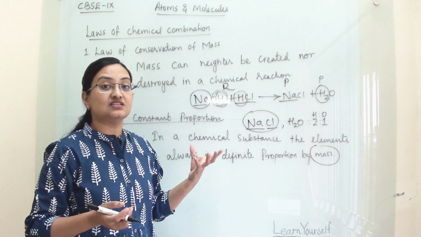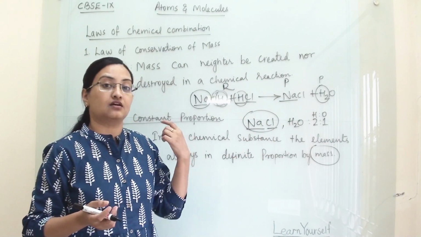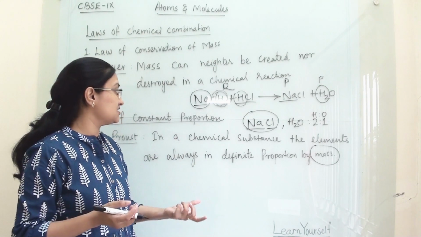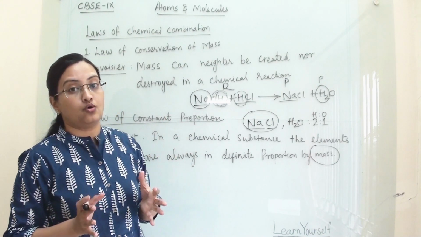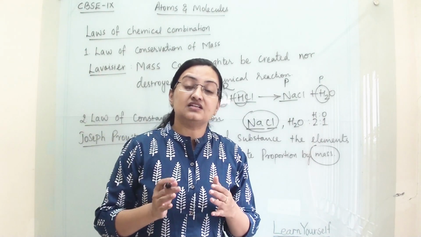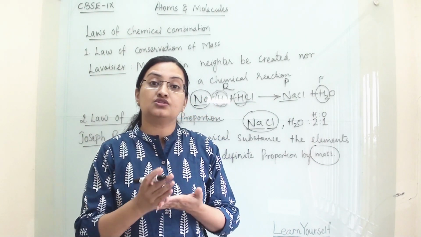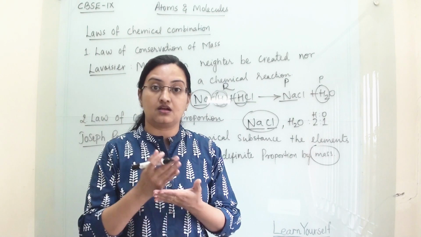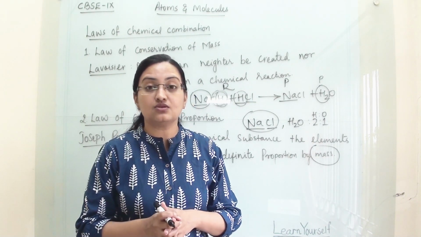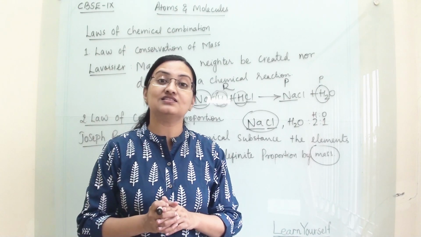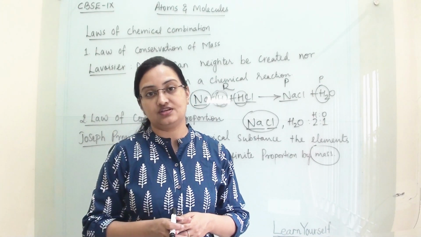So the molecular formula, the composition, of the chemical substance has a fixed proportion. These two laws have given us a clear idea about chemical substances, the composition of matter and chemical reactions. These laws are important to understand the basics of chemistry.